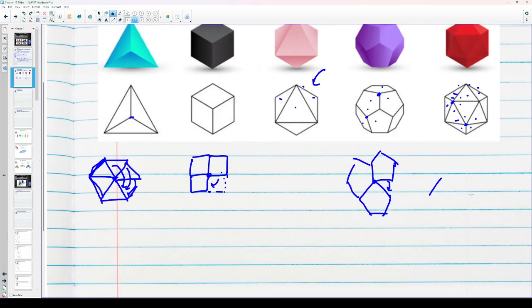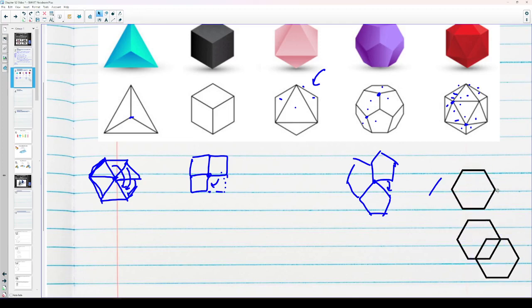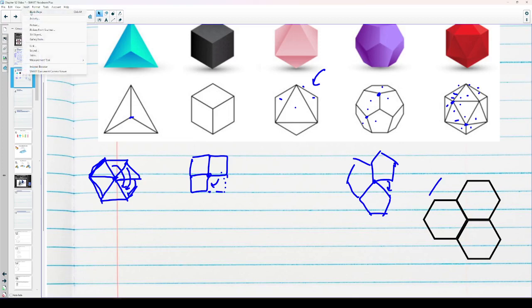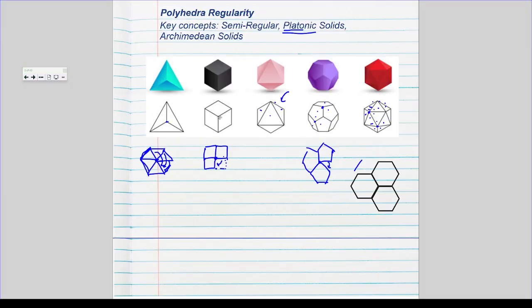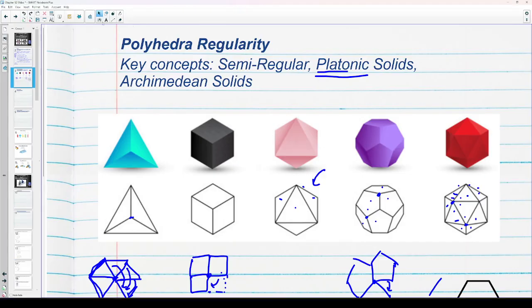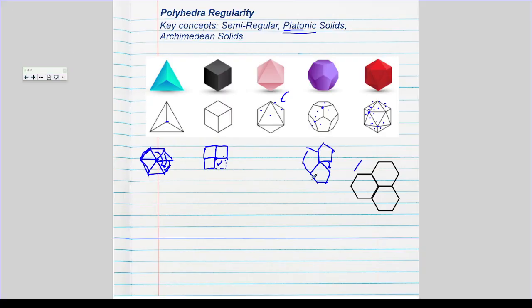So if I have 3 of these meeting at a point, then I end up with a complete circle. Just like with the other shapes, once I reach a full 360 degrees at the middle, then I can't fold it anymore. So with hexagons, there's no way to fold the shape together to create a 3D shape.